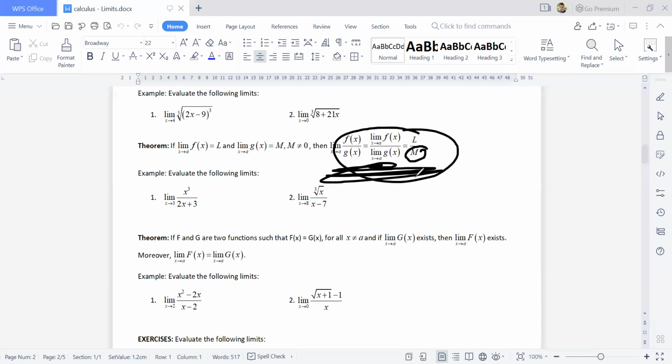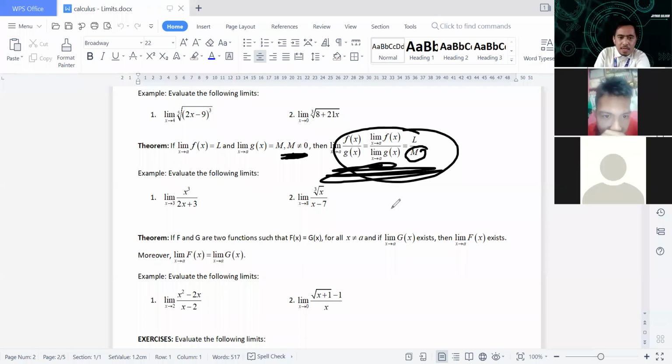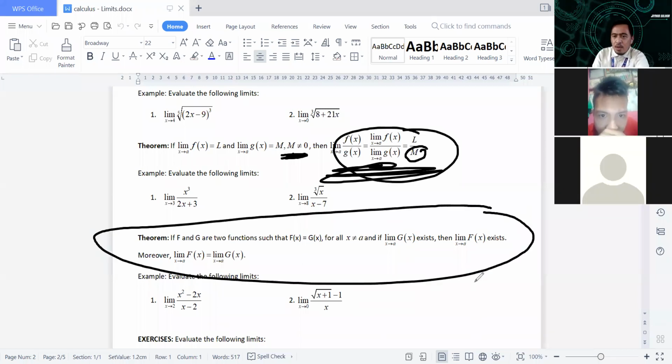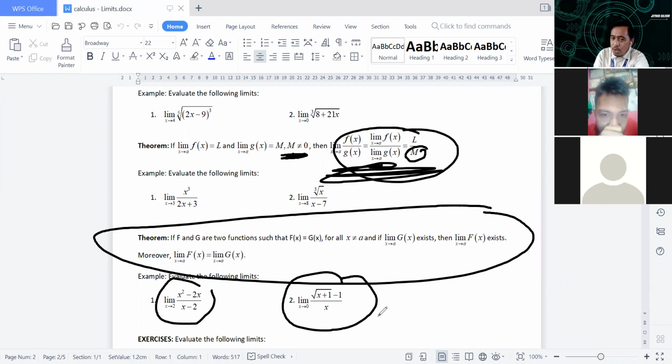Your m should not be equal to 0. This theorem we will discuss next meeting. I want you to try this one and this one in your free time, and tell me what you observed in your answer. If it does not work, tell me how you made it work.